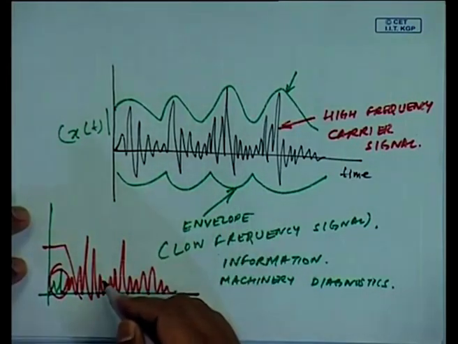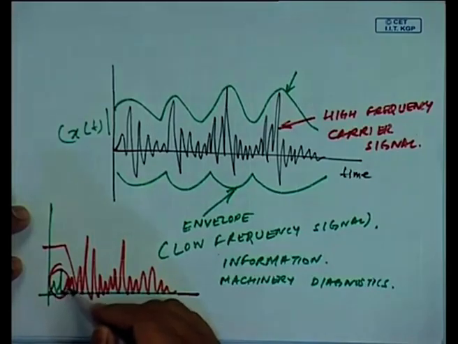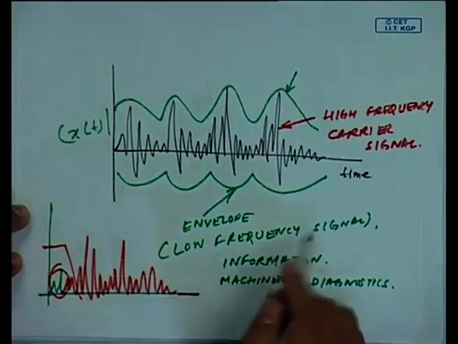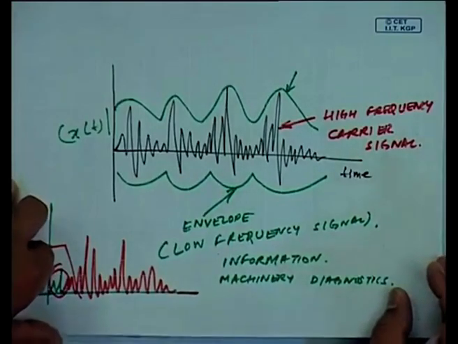But sometimes it happens that even in these low frequencies, there is a lot of noise or other phenomena happening, which kind of obscures this green signal. So, we have to find ways to find out this low frequency envelope.